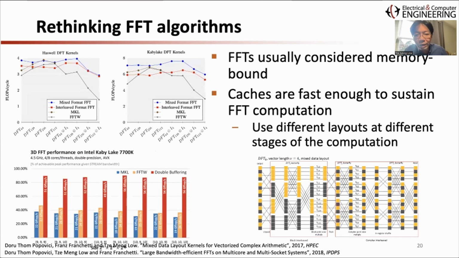And to demonstrate that, we talk about fast Fourier transform, or FFTs. FFTs are usually considered memory bound operations because they have low arithmetic intensity.